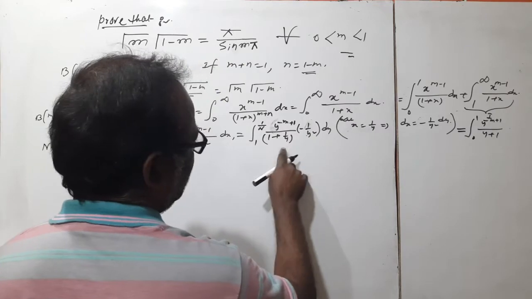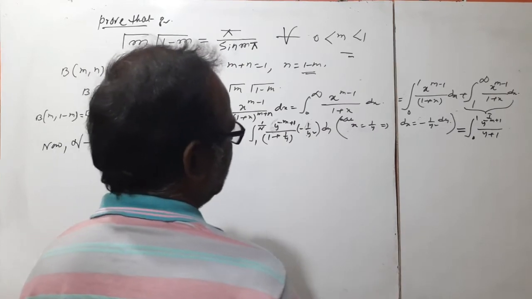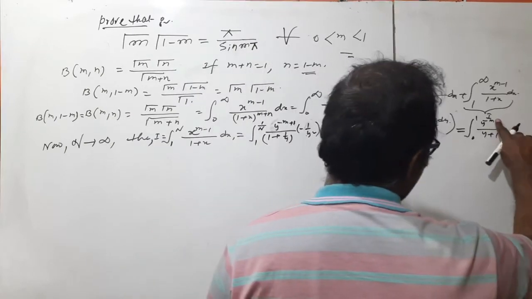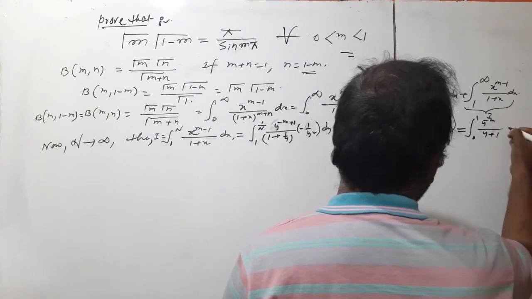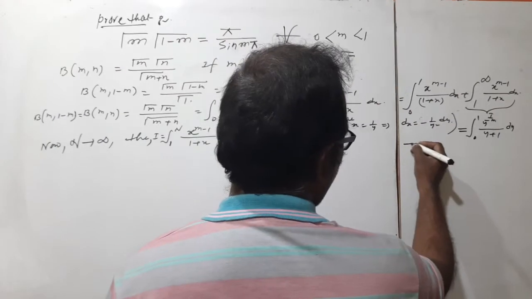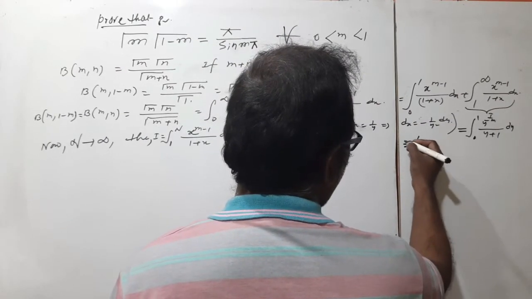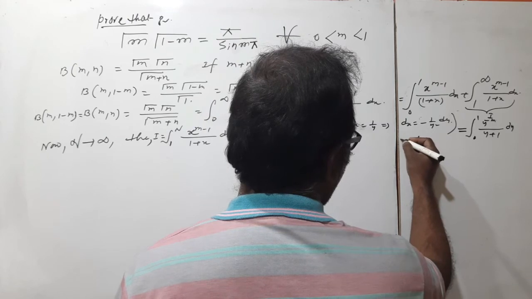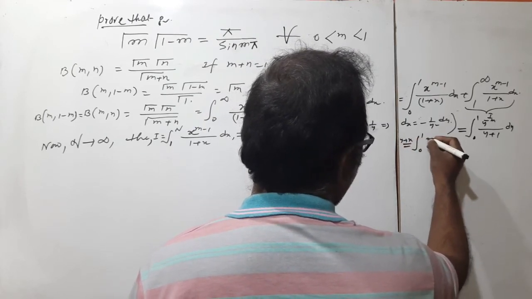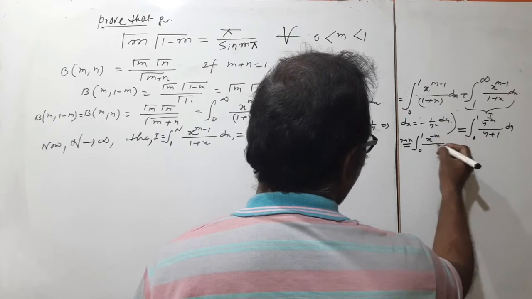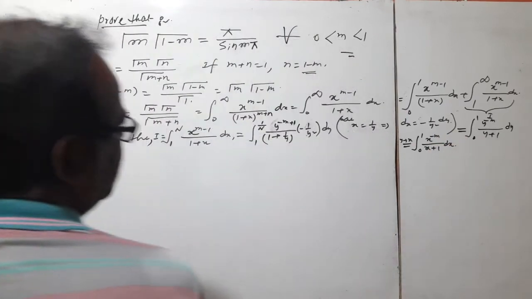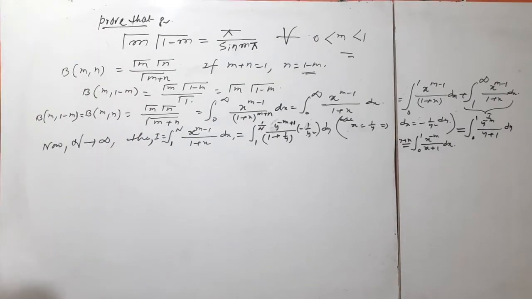The y's are cancelled out, so only 1 by y is left here, so this is to the power minus 1, so this is minus m only, this is dy, and that is equal to, if y approaches x, 0 to 1 of x to the power minus m over x plus 1, and this is dx, so this is I.